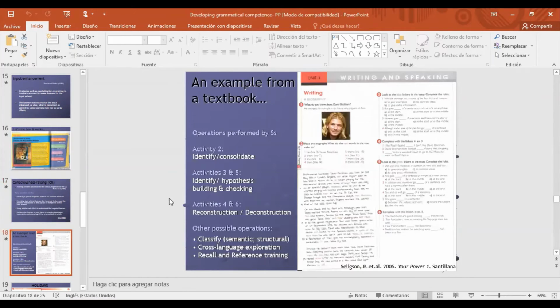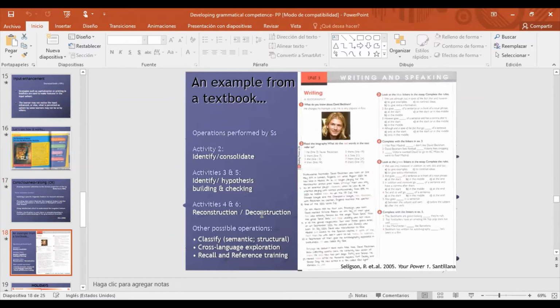So here you will see, or you will probably understand, how this can be done. This is an example from a textbook in which students have a look at these activities that they have to carry out here. Identify, consolidate, identify, hypothesis building, checking, reconstruction, deconstruction.